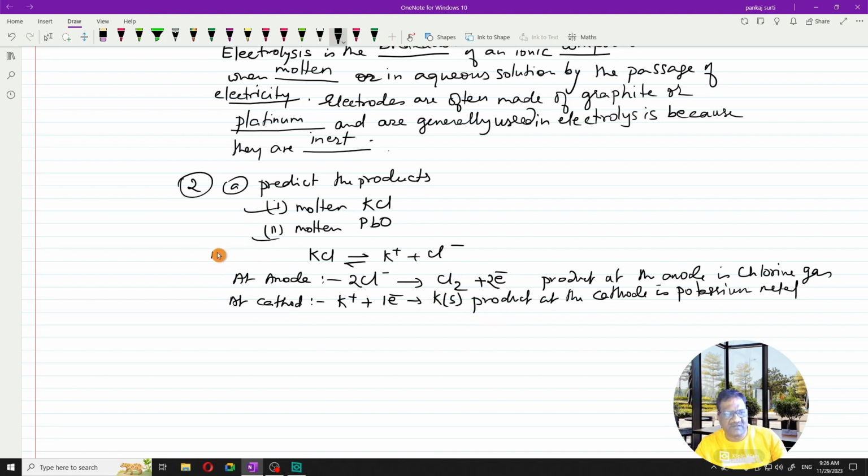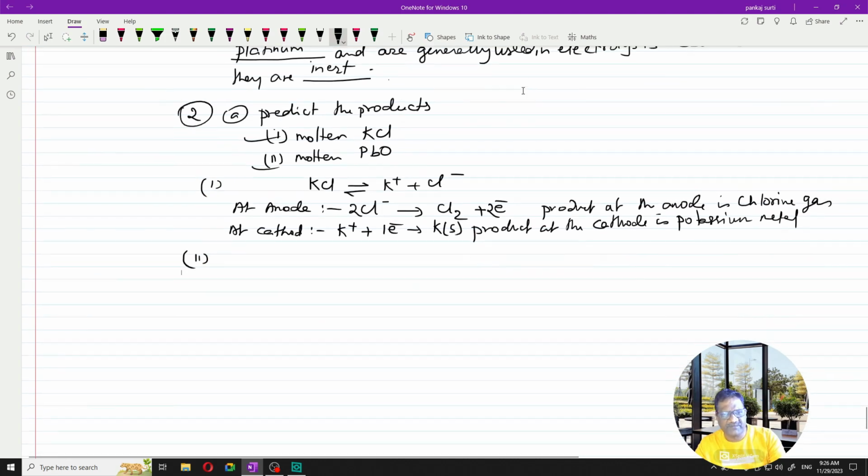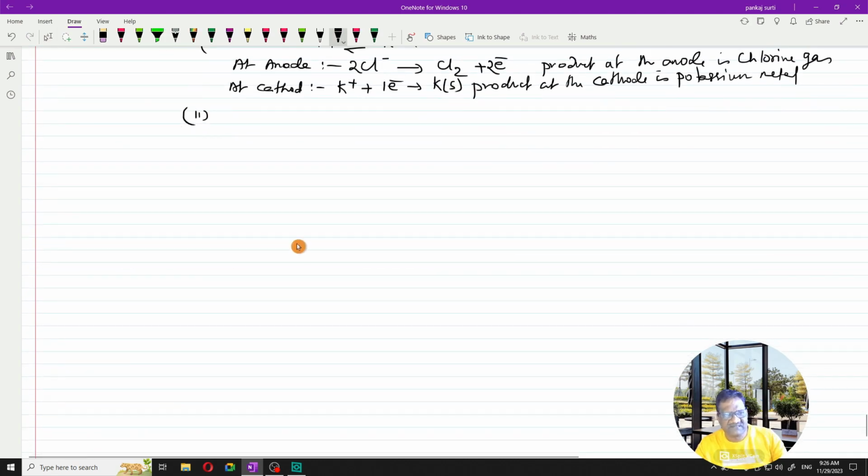Now let us try to answer the second question, that is for PbO. Again for PbO, that is lead oxide, since it is in the molten state, first let us write the decomposition reaction. So PbO will give you Pb2+ and O2-, because O has a 2 minus charge and lead has a 2 plus charge. So this is the decomposition reaction.